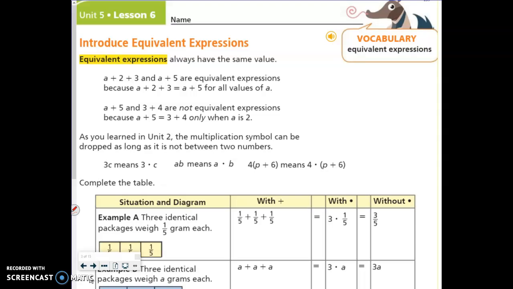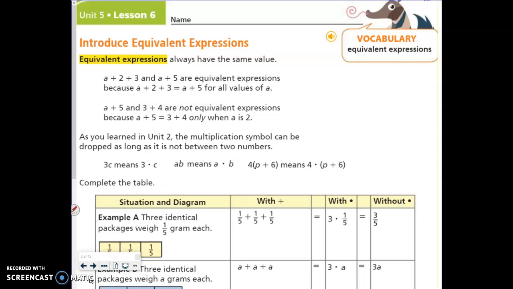No matter what we put in for a, if I put in a 1, 1 + 2 + 3 is 6, and so is 1 + 5 equals 6. If I put a 2 in for a, 2 + 2 + 3 gets us to 7, and 2 + 5 equals 7. So we know those are equivalent expressions because no matter what I put in for a, the answer will remain the same.